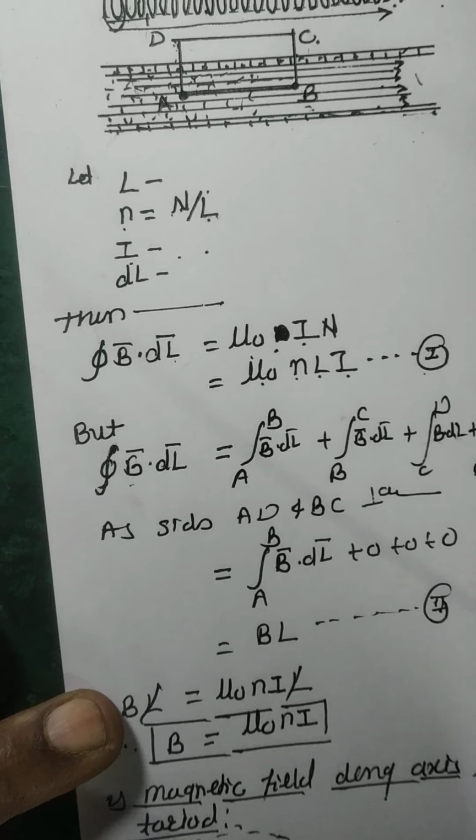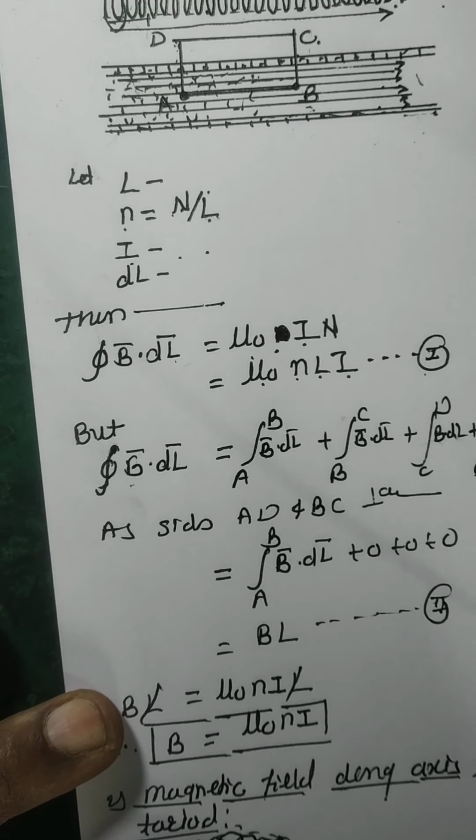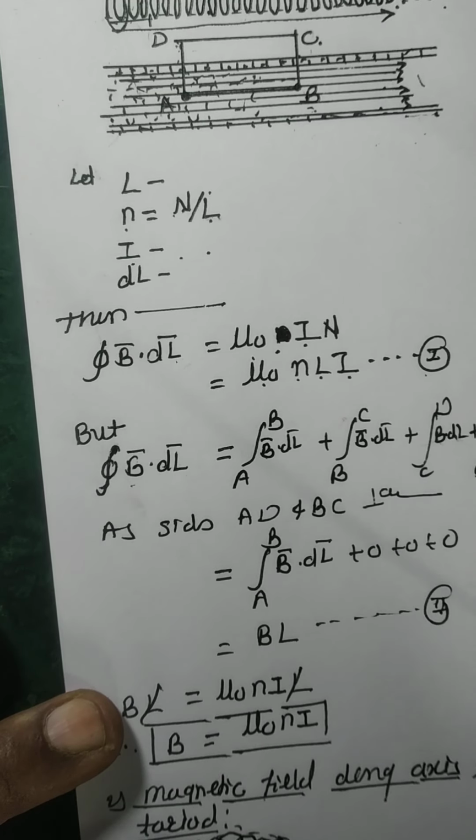A solenoid bent in the form of a circle is called a toroid. This is the axis of toroid.